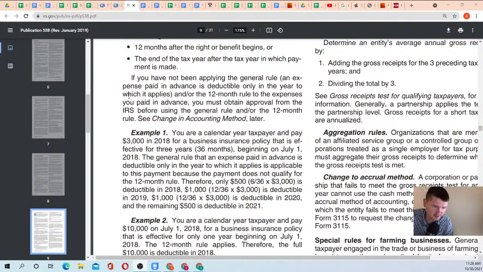If you are a calendar year taxpayer and pay $3,000 in 2018 for business insurance for 3 years, the general rule is that the expense paid in advance is deductible only in the year to which it applies. So basically, if you do it on July 1st, you only apply half a year for the first year.